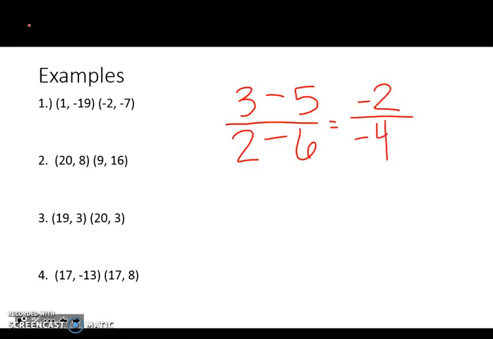Guys, a double negative, so 2 negatives, just like any other time in math, is going to make a positive answer. So you're going to want to change it into a positive answer. But of course, make sure that you can simplify if possible.